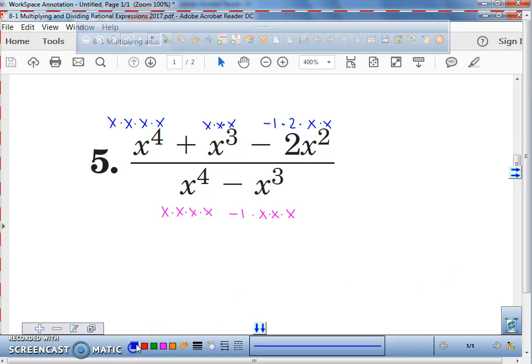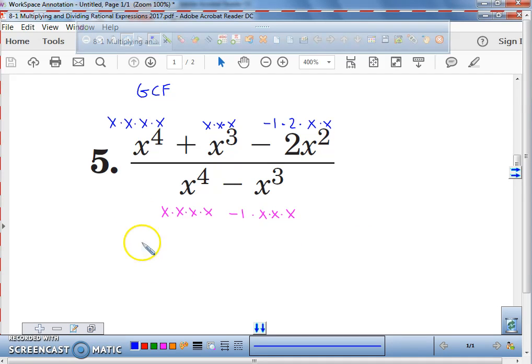So right now, what we're going to do in this rational expression right here is we got to find what's called the greatest common factor of this variable, this monomial, and this monomial. So what's the greatest common factor that they all have in common?